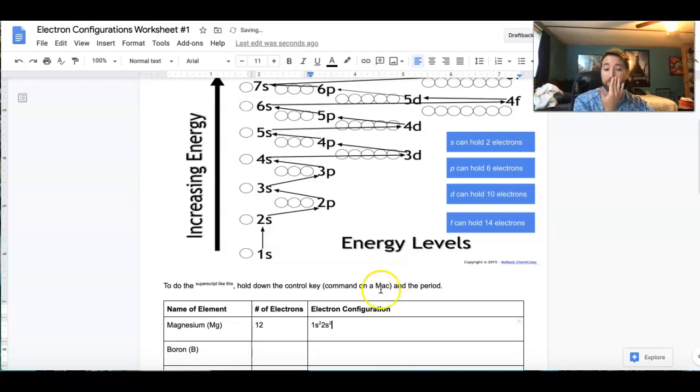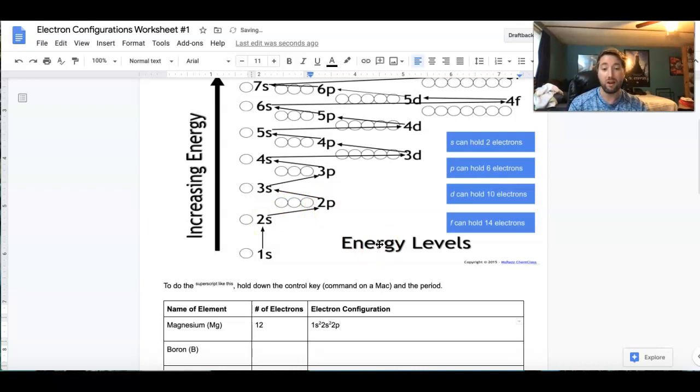So now I've given out 2 electrons in 1s, and I've given out 2 electrons in 2s. So I've given out 4 electrons, 12 minus 4 is 8, so I've got 8 more electrons to give out. After 2s, looking at the diagram here, it's going to go to 2p. So I'm going to type in 2p, hold down control and the period.